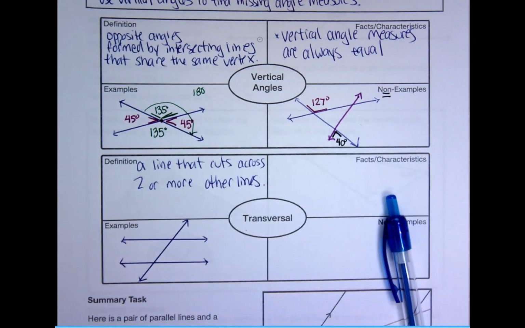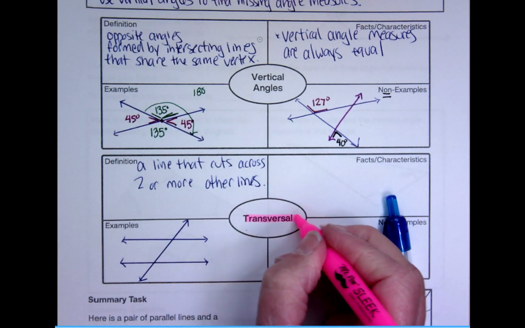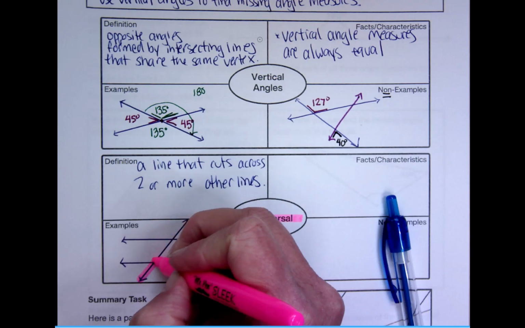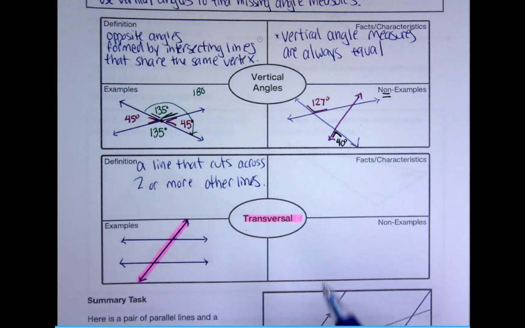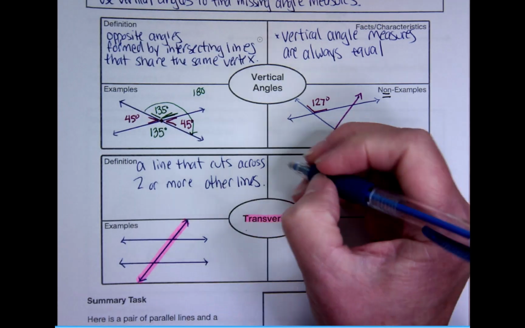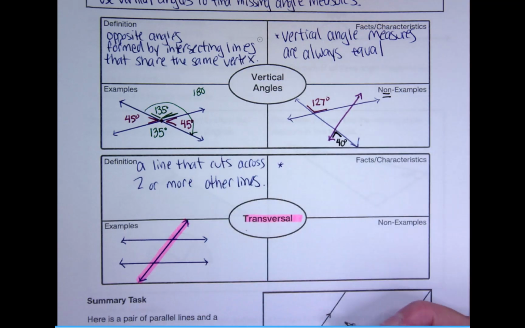In fact, let me do a little bit of highlighting here. Transversal line is that line that cuts across two or more other lines. Let's talk about some important facts, and we'll come back to those parallel lines.